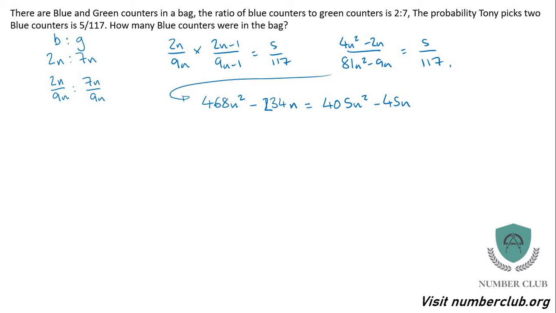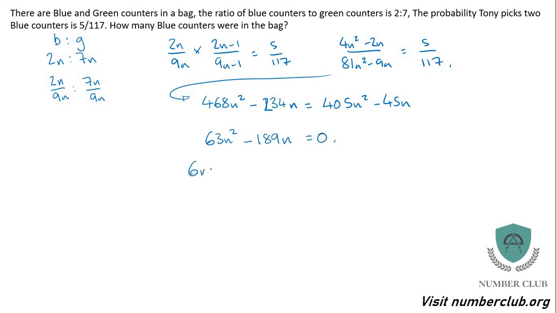Alright, now we're going to get everything on the same side, so we're going to subtract 405n squared from both sides, and we'll end up with 63n squared, and we're going to add 45n onto each side. We're going to end up with negative 189n equals 0, and then we're going to factorise.